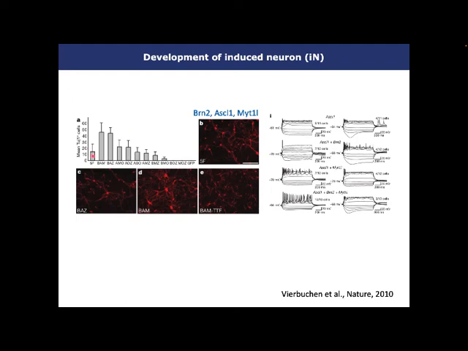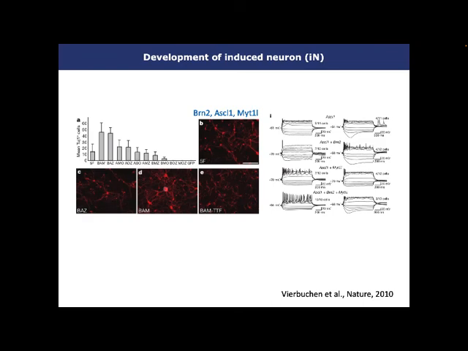So they minimized the factors further. From 5 factors, they minimized toward BRN2, ASCL1, and MYT1L, which is sufficient to generate the iNs efficiently.